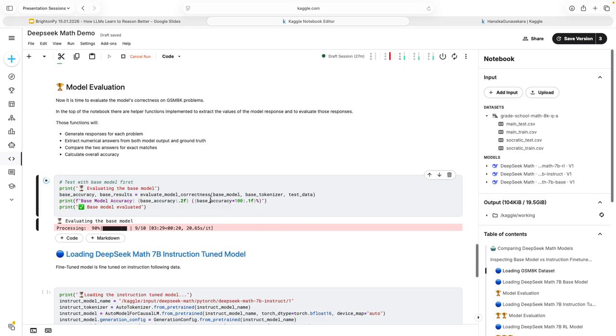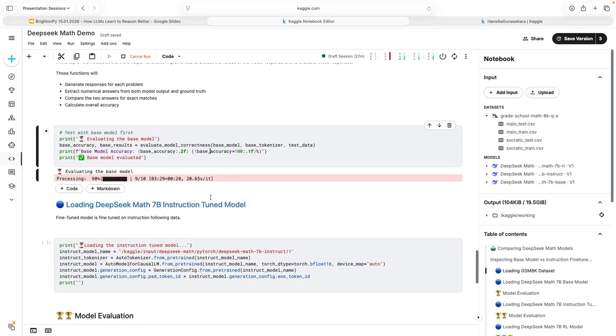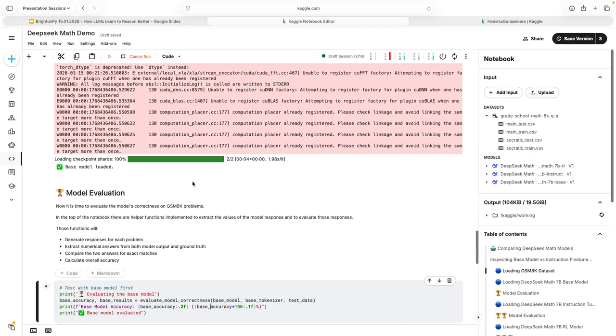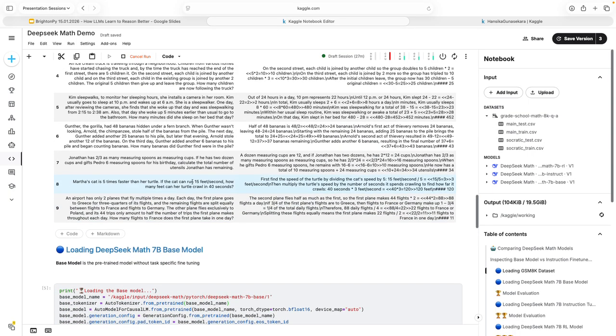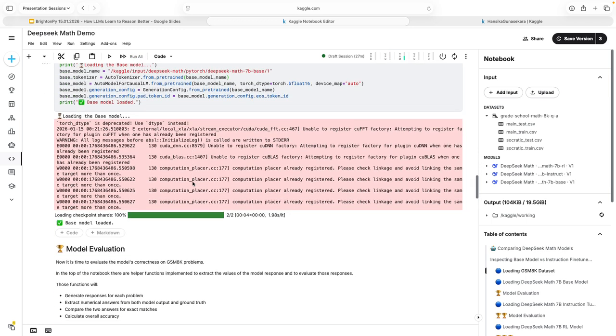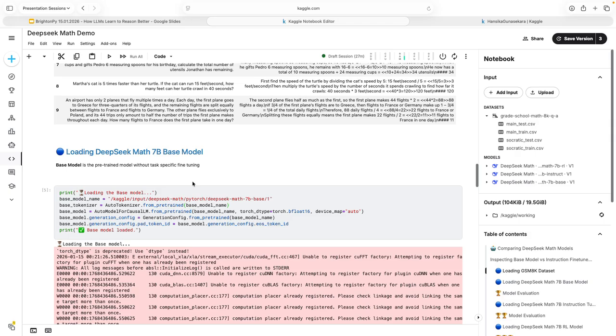Now the evaluation is almost complete. The model is responding to the last question. The problem is about some airport.